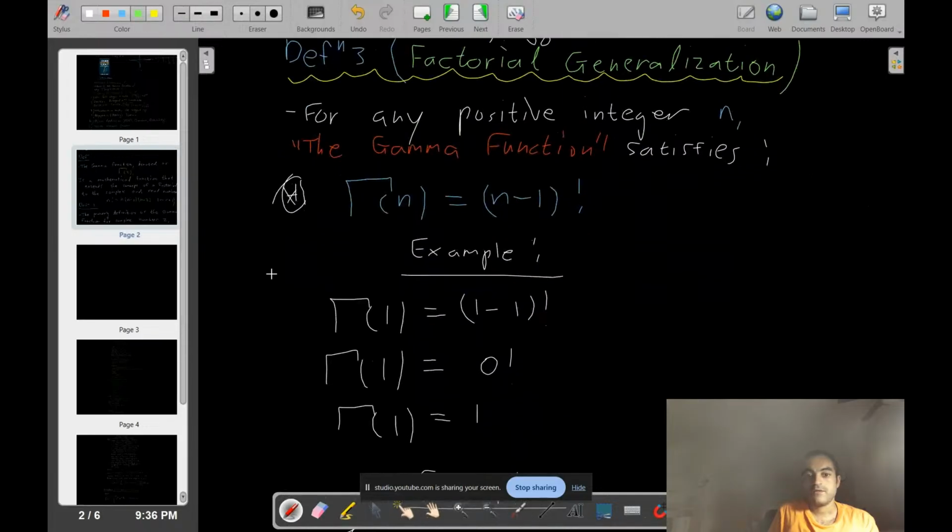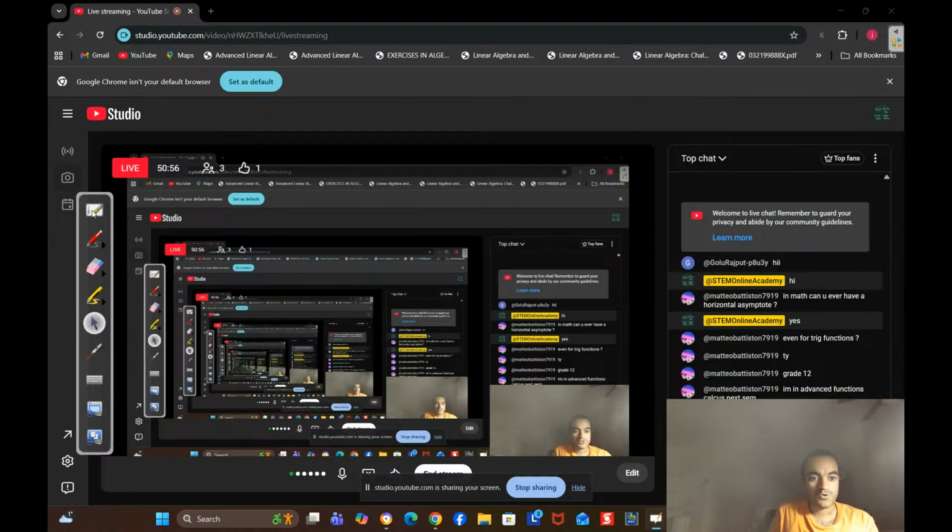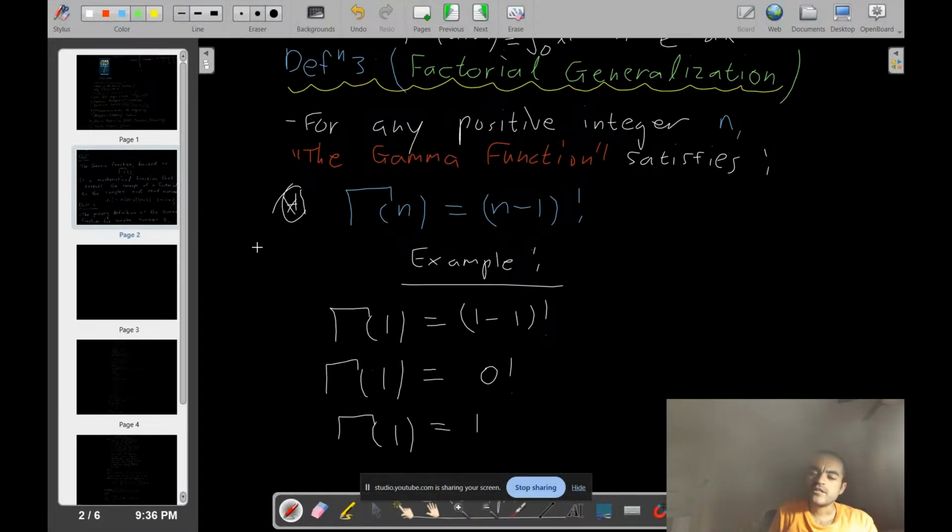Now, definition 3. You want to make sure everyone's understanding, if not understanding, at least enjoying the content. Definition 3 is a factorial generalization. Even if you don't have any experience with what I said above, you'll understand what definition 3 is, even if you haven't seen it before.